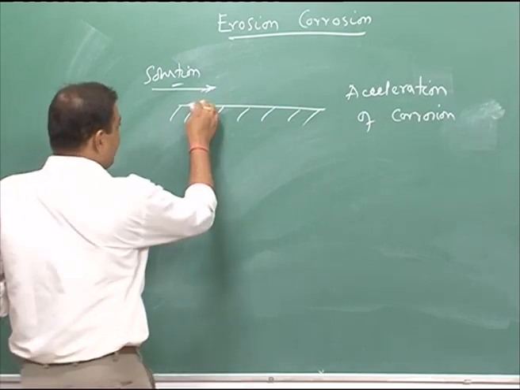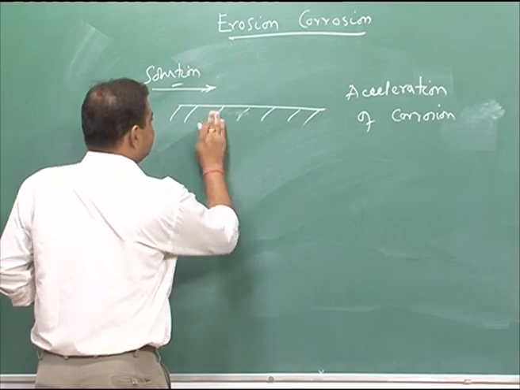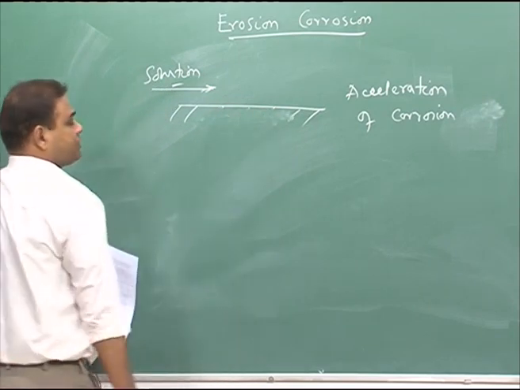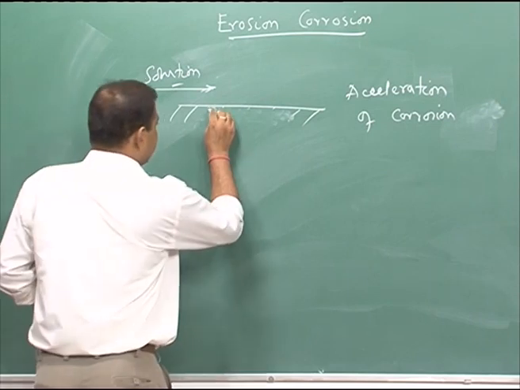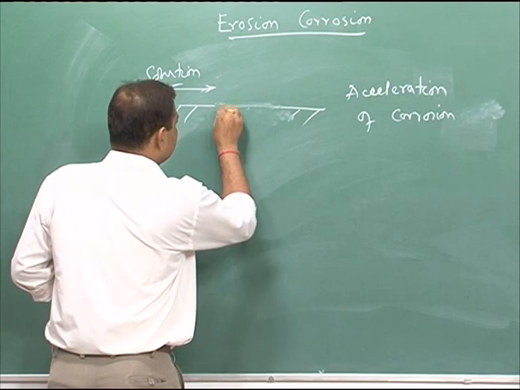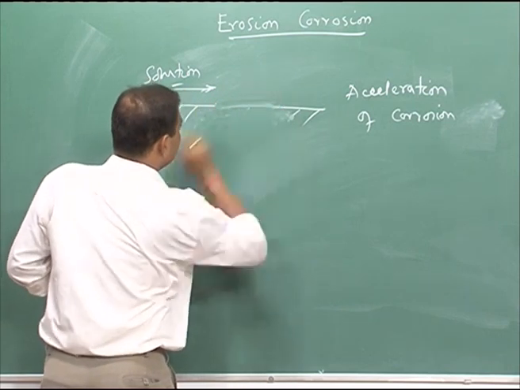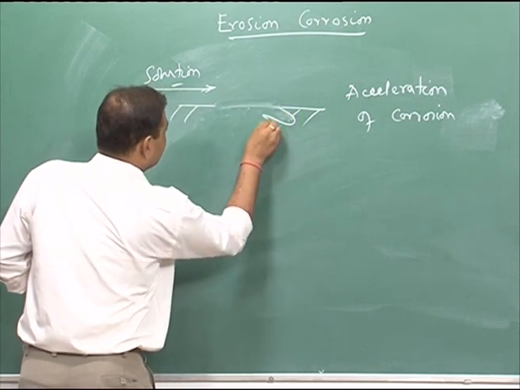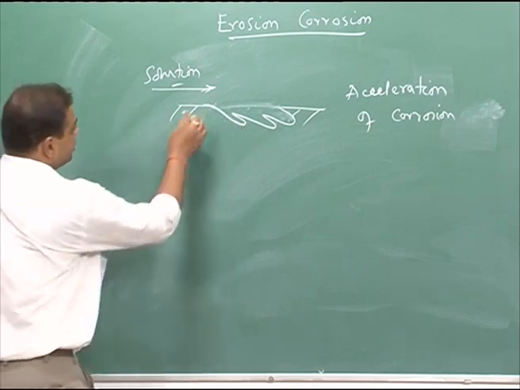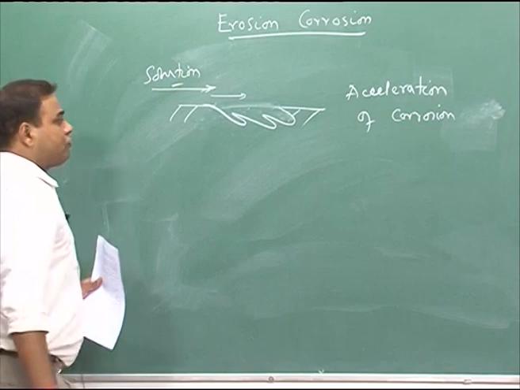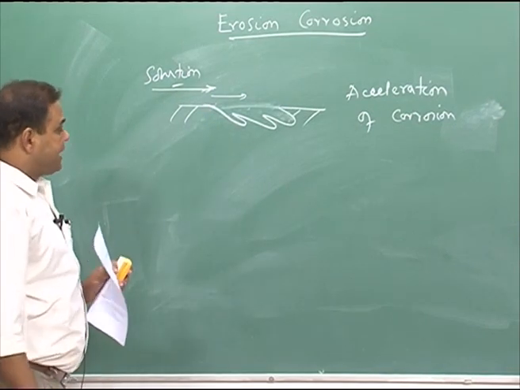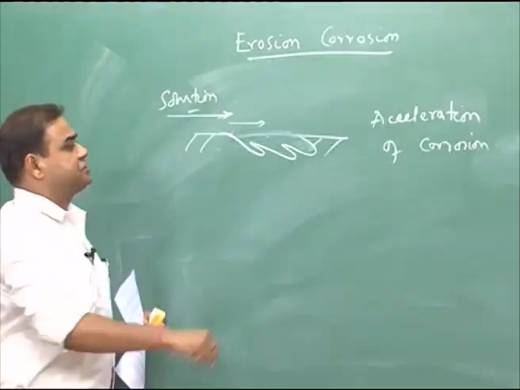When corrosion is happening, there will always be a sort of directional nature of the corrosion attack. Gradually the surface layer would go off, and since the solution is flowing like this, the nature of attack would be like this, that means we have a directional nature of corrosion attack on the metal surface, and gradually there would be acceleration of corrosion.